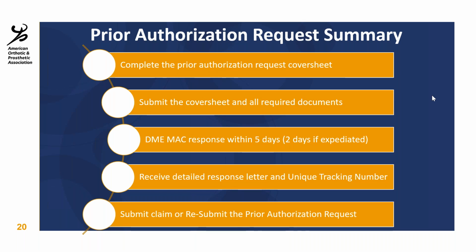Next, you receive your positive affirmation and a UTN with your response letter, or you receive a non-affirmative decision with a detailed letter outlining why and your UTN. And then lastly, you submit your claim with your UTN number. If it was non-affirmed, you can resubmit your request with the appropriate edits or fixes made.